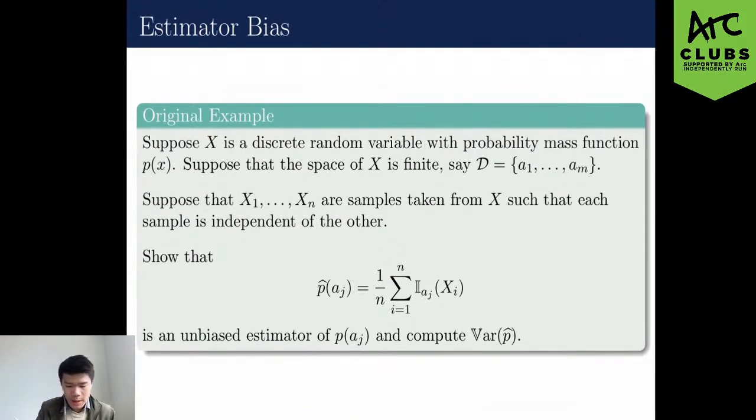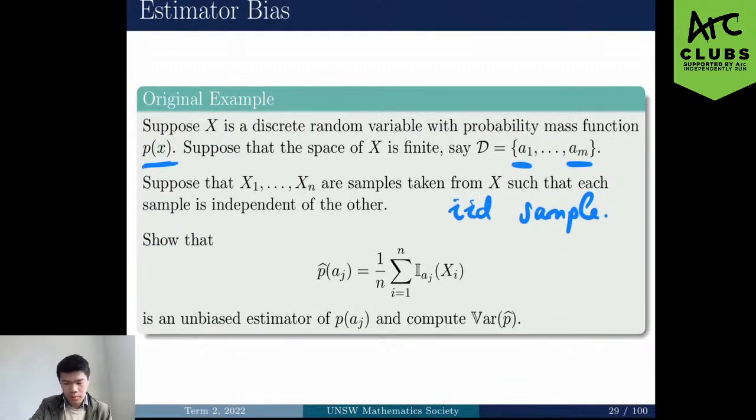Let's take an example. Suppose x is a discrete random variable with mass function p of x, and suppose it has a finite space. So it can only take values a1 down to am. And again, we've got IID samples. And we've got this formula for the estimator, right?